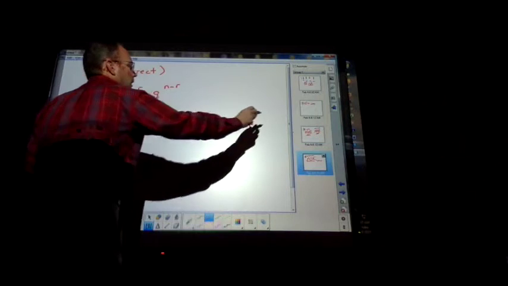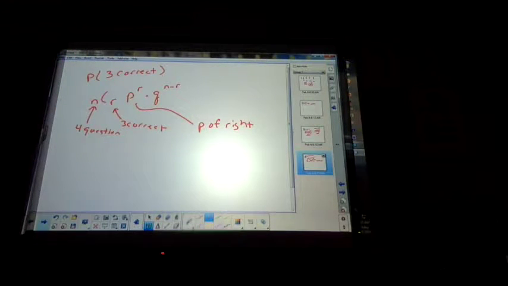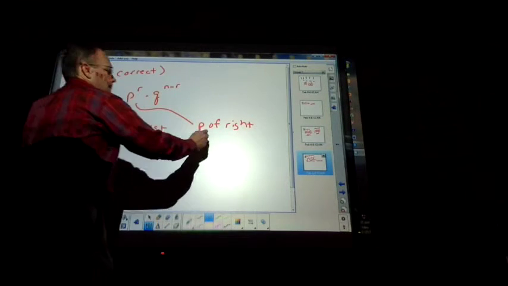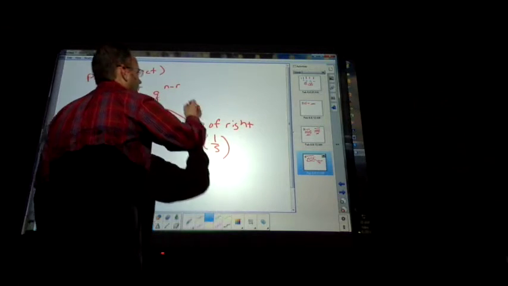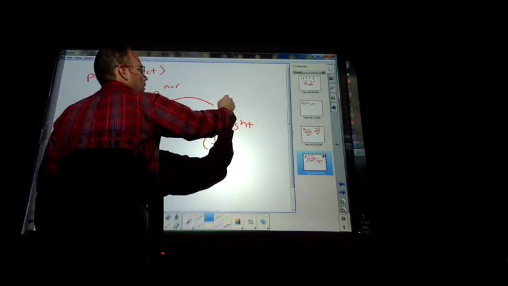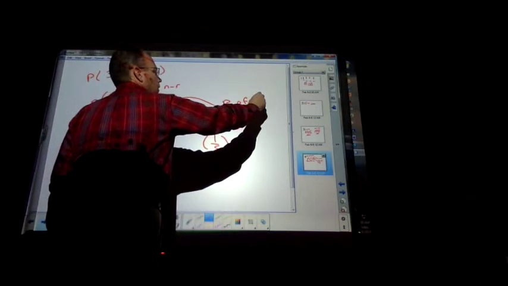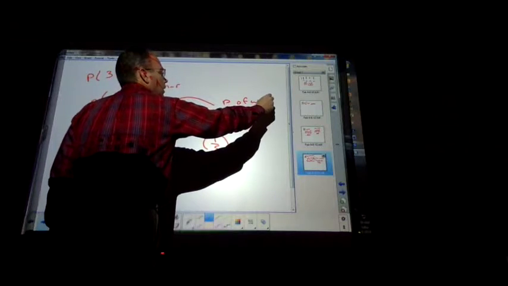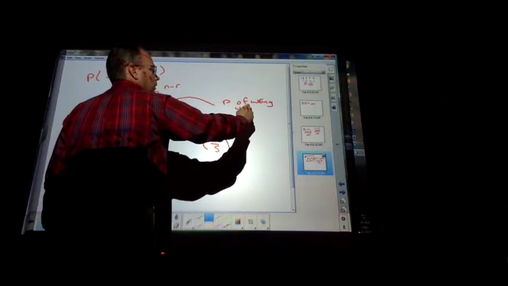What's the probability I get one of the questions right if there's 5 outcomes? 1/5. What's the probability to get it wrong? It's going to be 4/5. Do you agree with that?